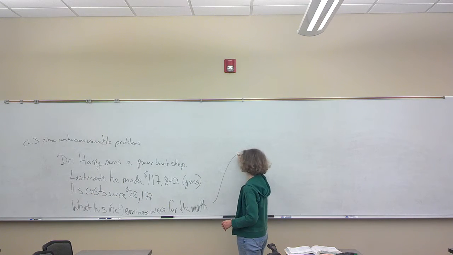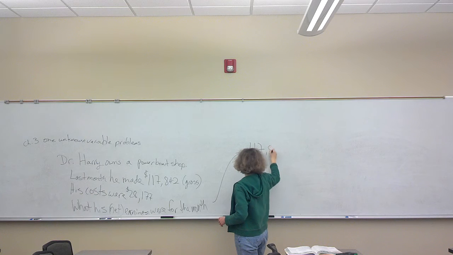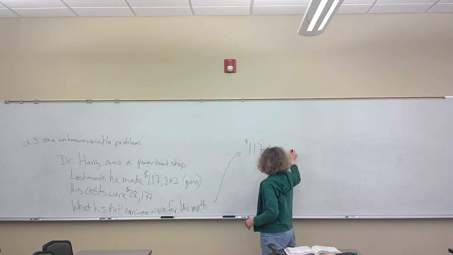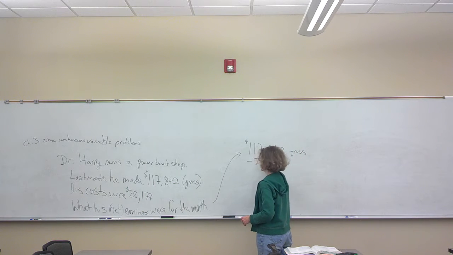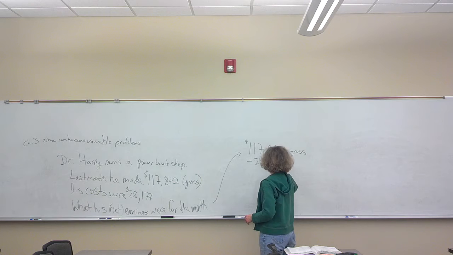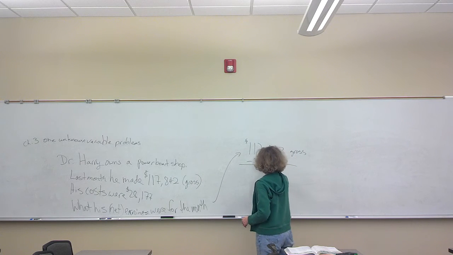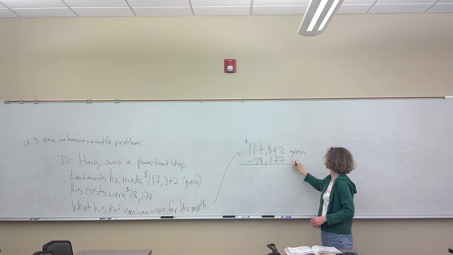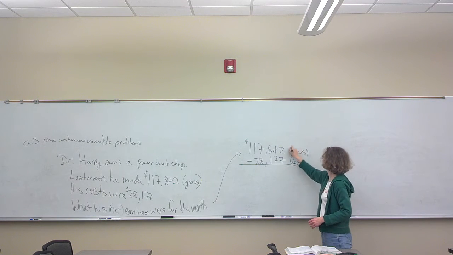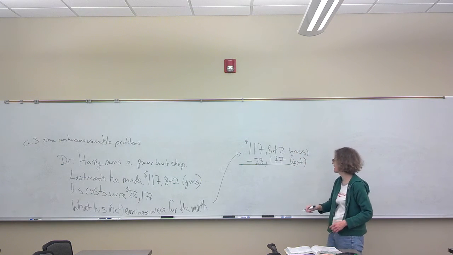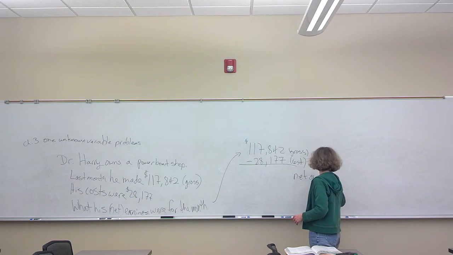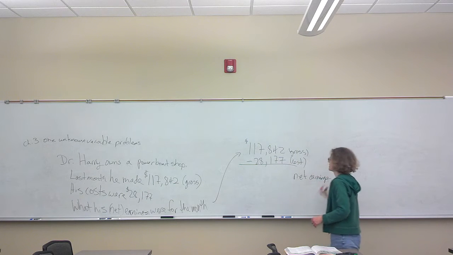So if you think about this, he took in this much money. He had to spend this much money for electricity and water and taxes. So if we take the gross amount and subtract from it the cost he had, we're going to find the net earnings that he made.